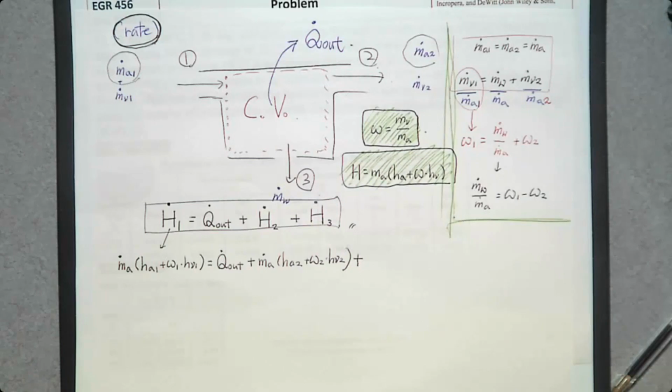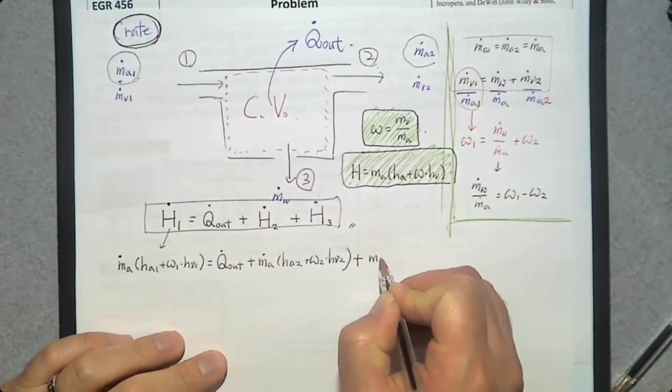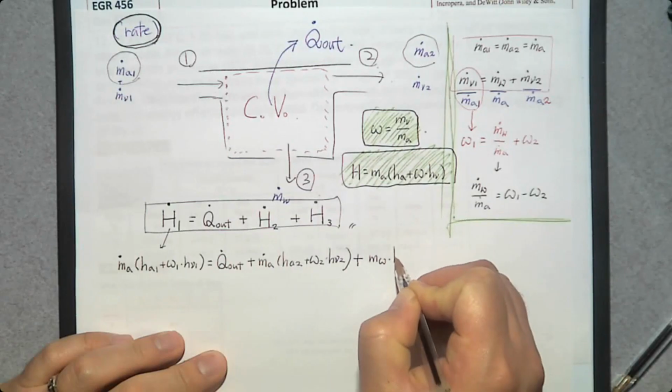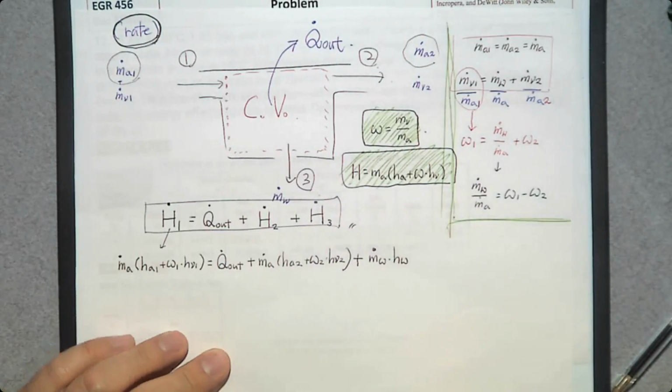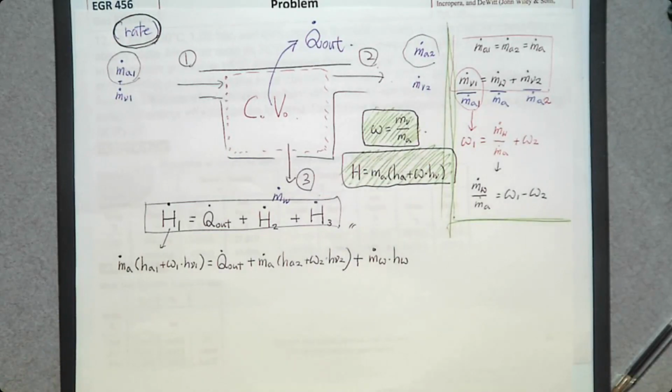How do you determine this H dot 3? Is it a mixture at number 3? No, it is just water. So we don't have to write this equation. It's going to be mass of water times specific enthalpy of water, and we have a dot on top of it. So that's how you determine the energy balance equation for this dehumidifier.